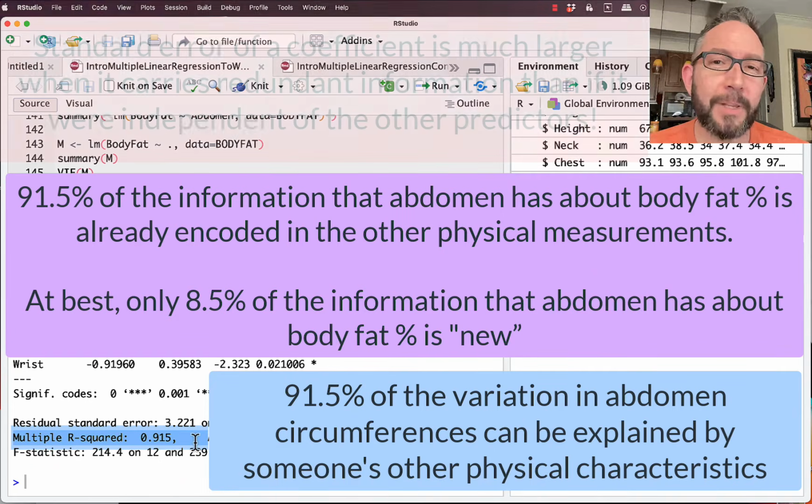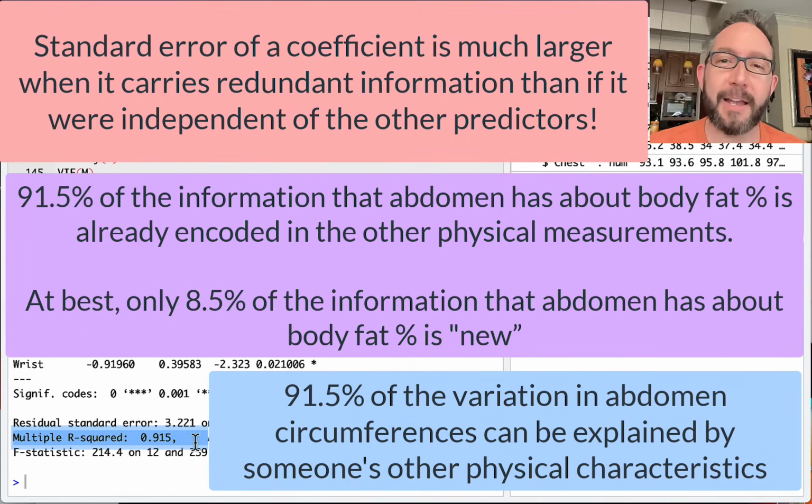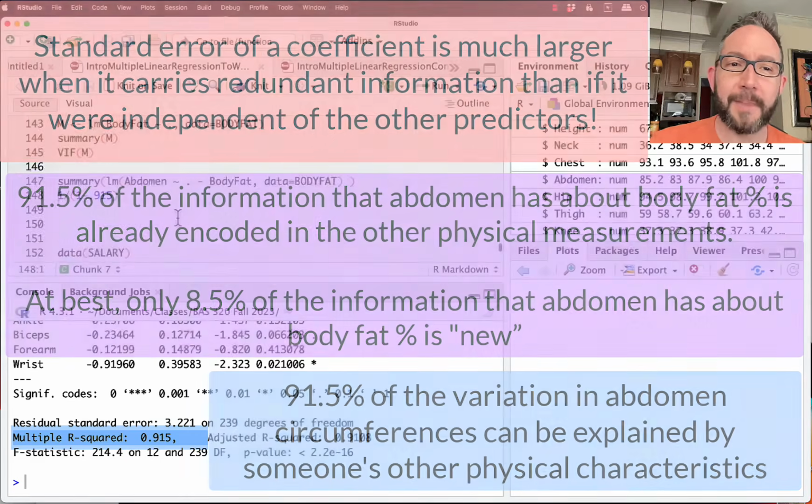And it turns out when there's a lot of redundant information flying around, that's going to degrade the precision of our estimated coefficient. It's going to make the standard error of our coefficient larger than if every predictor variable was independent of one another. Let's see that in action.